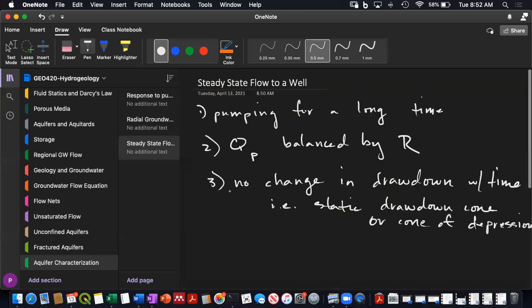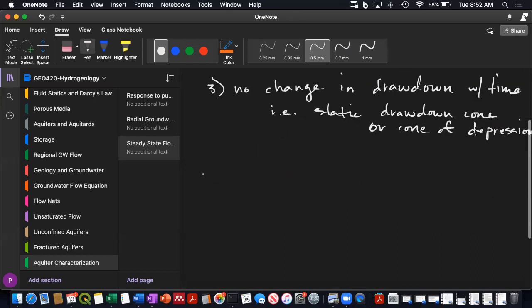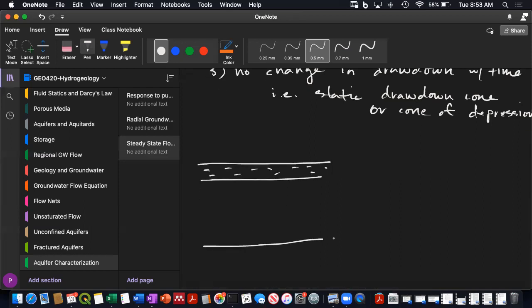So let me just draw a quick little illustration here. So we've got a confining unit, we've got this aquifer, all right, of constant thickness. We've got a pumping well that is screened over the full thickness of our aquifer.